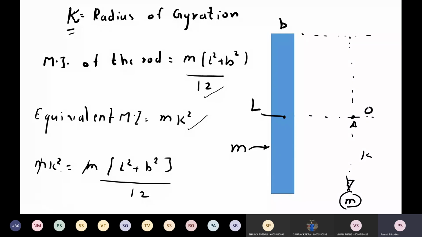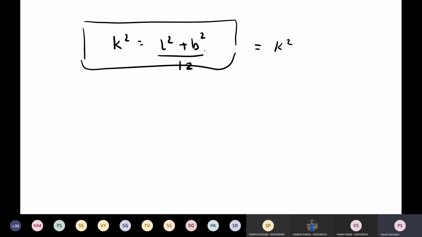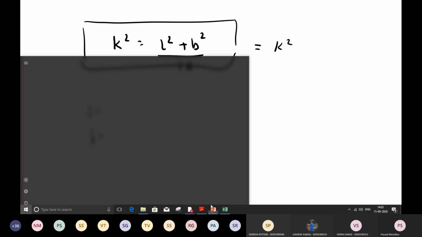So equate both these values, and you will get k square equal to (L square plus b square) by 12. You have calculated the length of the rod and the width of the rod. So substitute those values, get the value of k square, convert it into appropriate units, and go to your observation table.